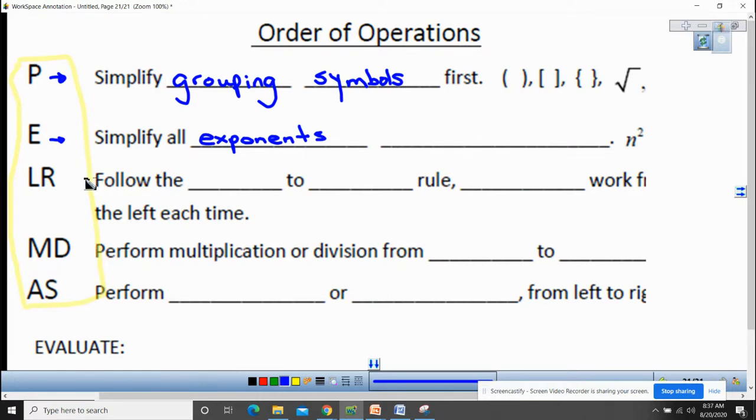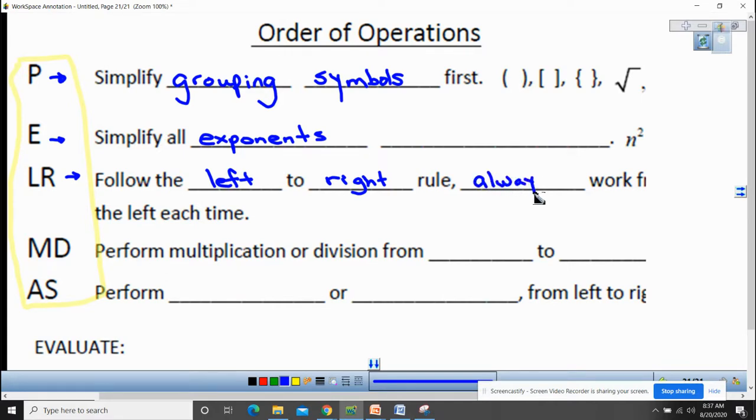It's a typo. Okay, LR. This has to do with our essential question, left to right. So follow the what to what rule. If you were never quite so good in 6th, 7th, and 8th grade at these kind of order of operation problems, it was probably because you weren't following the left to right rule.